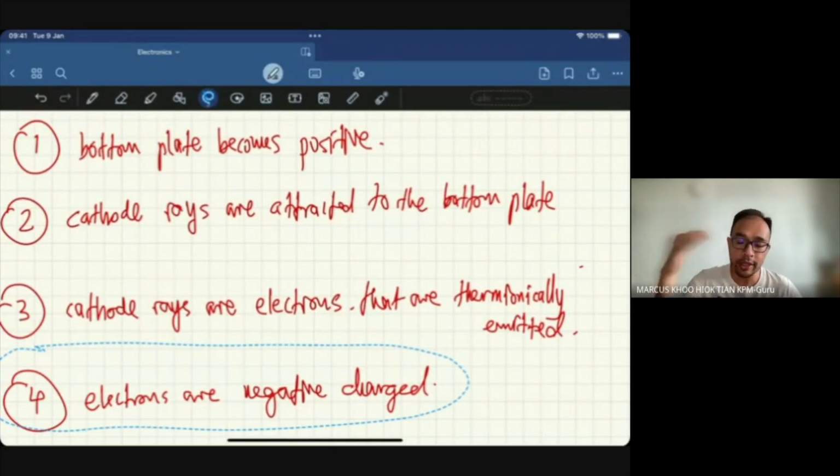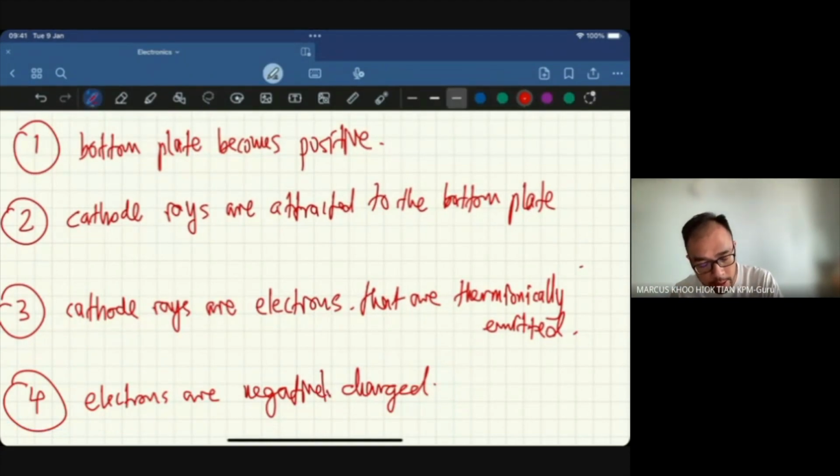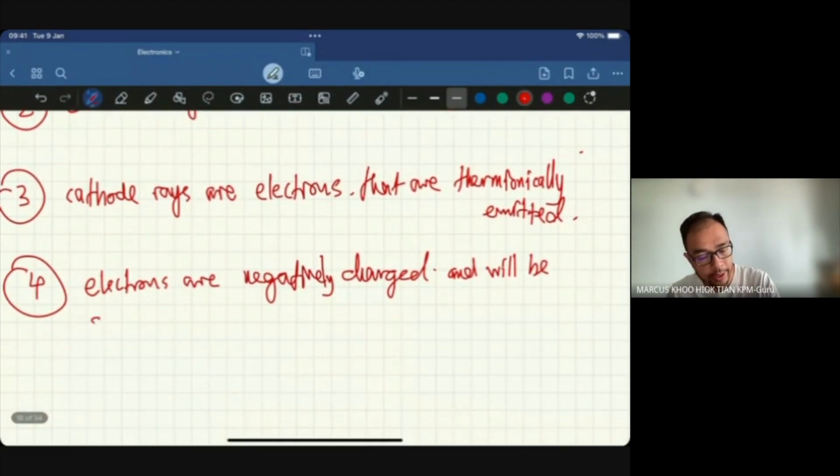The cathode rays are attracted to the bottom plate. And the reason is because cathode rays are actually electrons that are thermionically emitted, and electrons are negatively charged. Because they're negatively charged, they will be attracted to the positive plate.